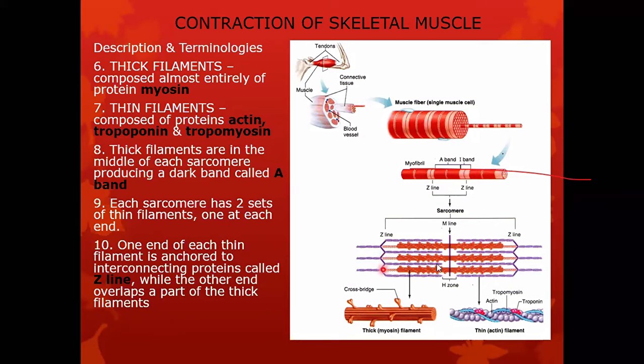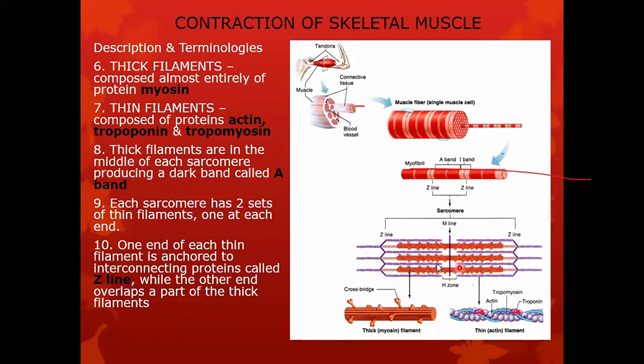One end of each thin filament is anchored to an interconnecting protein called the Z line, while the other end overlaps a part of the thick filament, okay?